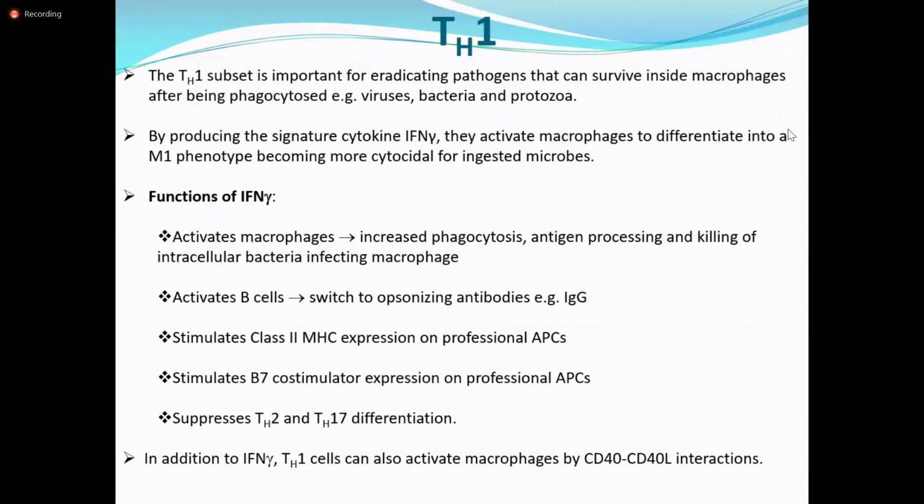Now, another thing to note, particularly with the Th1 and the Th2 subsets, is that the cytokine interferon gamma produced by Th1 cells blocks cytokine production by Th2 cells, and vice versa. What is the result of this?